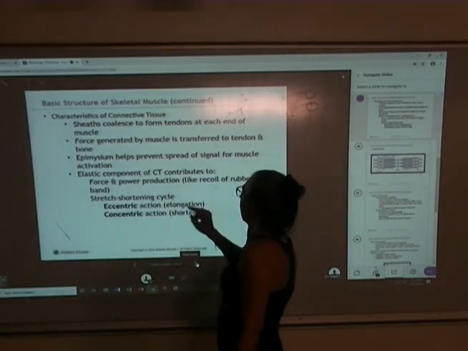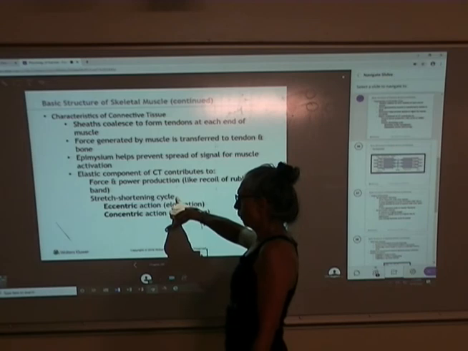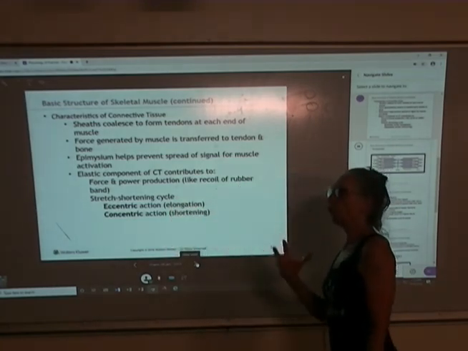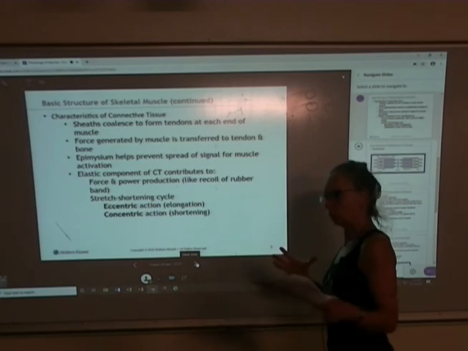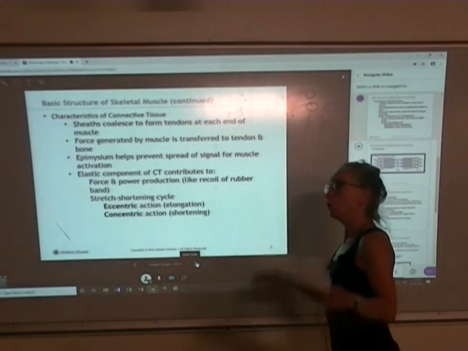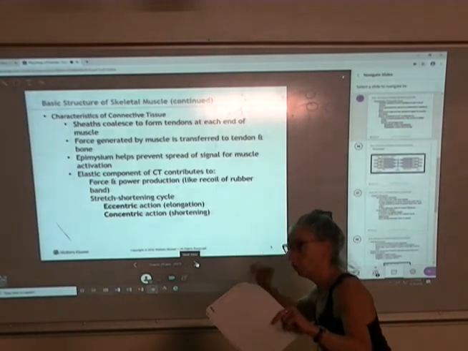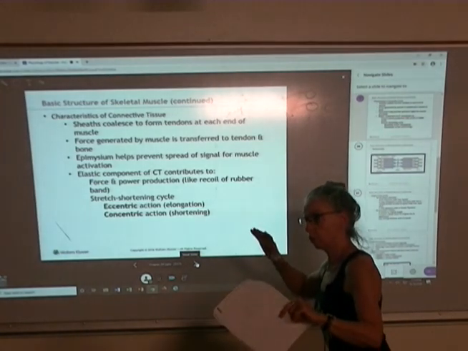So the stretch shortening cycle is a controlled eccentric action. So we said we're going to squat and we're going to stop before we jump on the vertical jump, right?